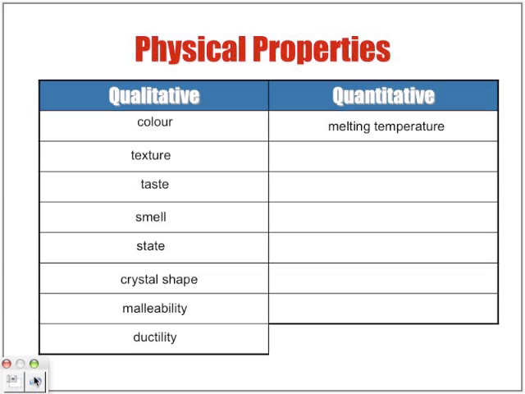Quantitative properties are like the melting temperature, which is the opposite of freezing temperature, boiling temperature, just as condensing temperature. The density is described as the mass over the volume.